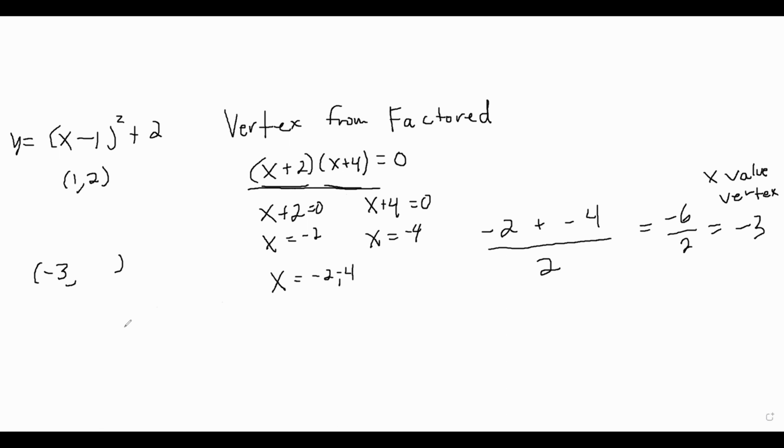So we're going to do -3 plus 2 times -3 plus 4, and -3 plus 2 is -1 times -3 plus 4 is 1, so I'll be left with -1. So our vertex is going to be -3, -1.